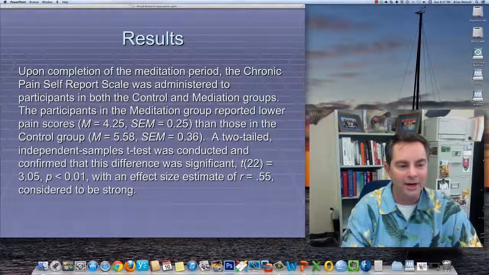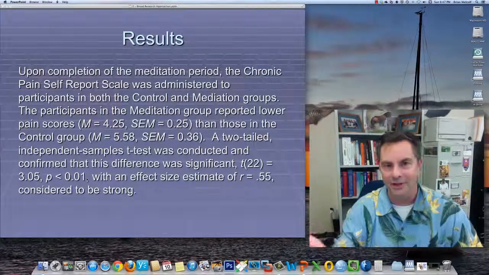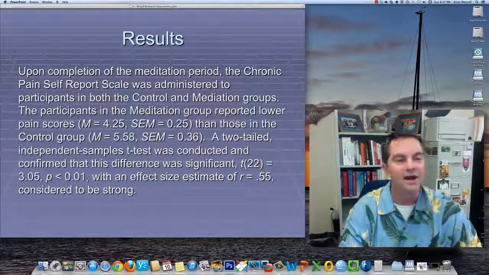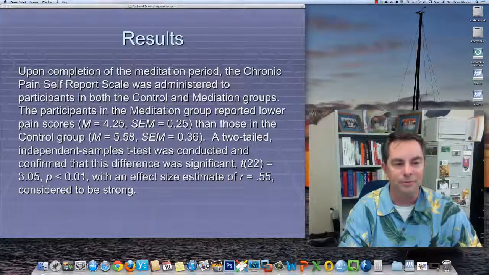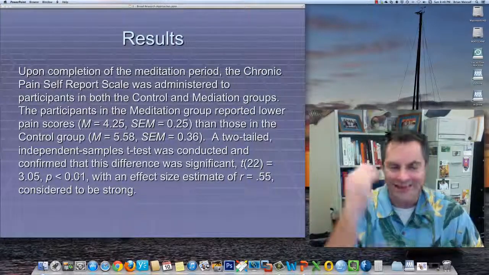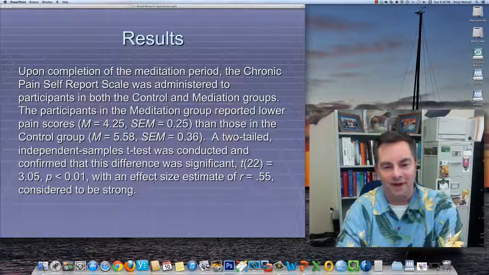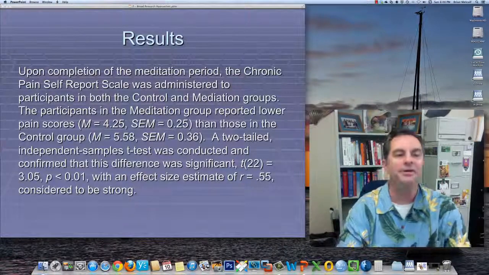I could have also put right here p equals 0.006. That was the value I knew. I opted for this other way. Sometimes we do it this way and we say it was less than 0.01, less than 1%. There was a less than 1% chance, okay? And we had an effect size estimate of r equals 0.55, considered to be strong.